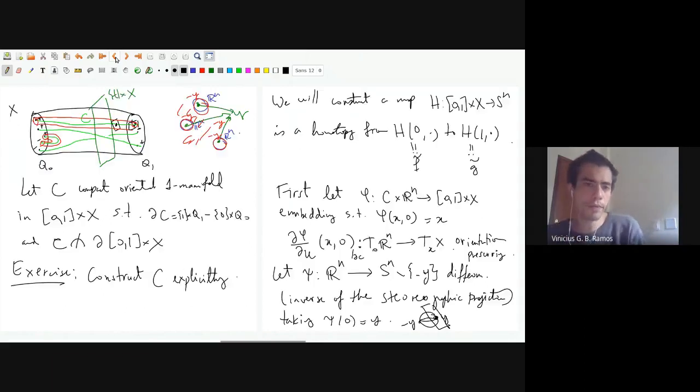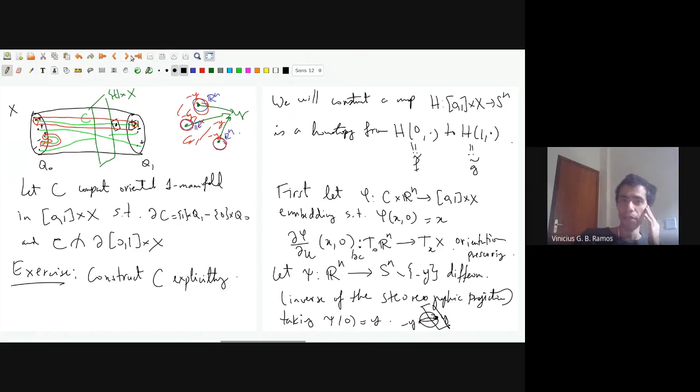Because there's an orientation issue when you fix this diffeomorphism with Rn. You won't be able to get a homotopy of maps to Sn if you don't fix the orientation.